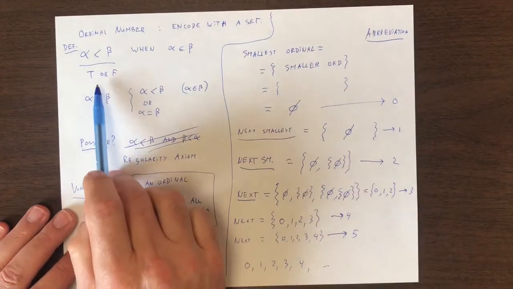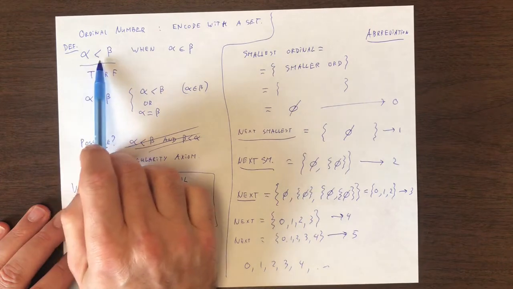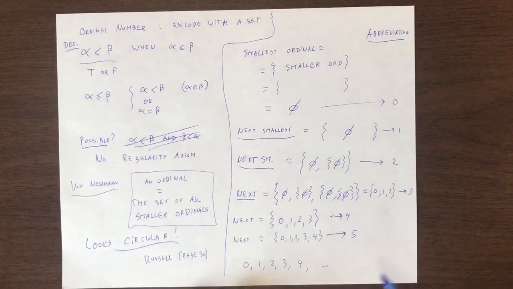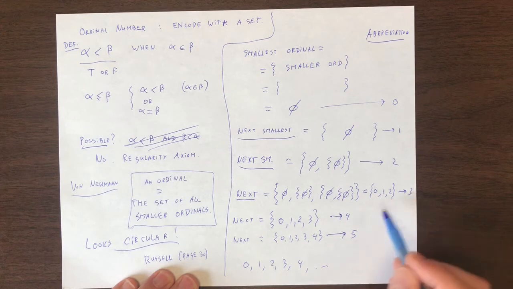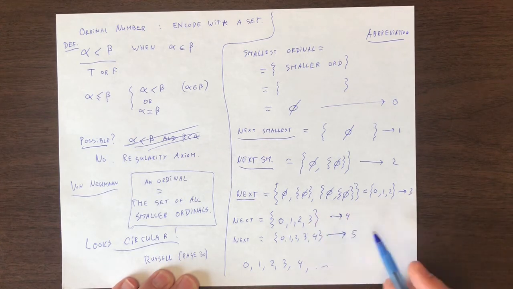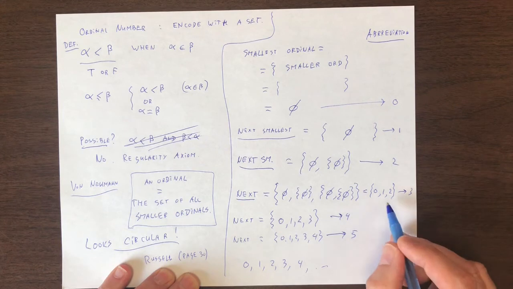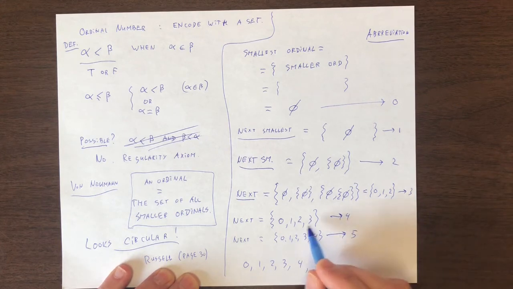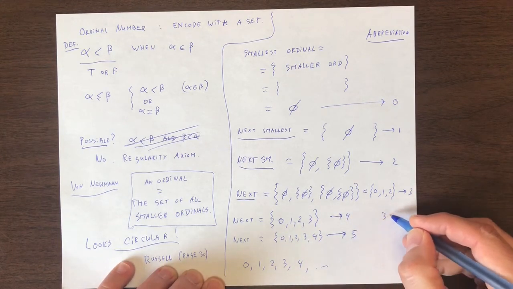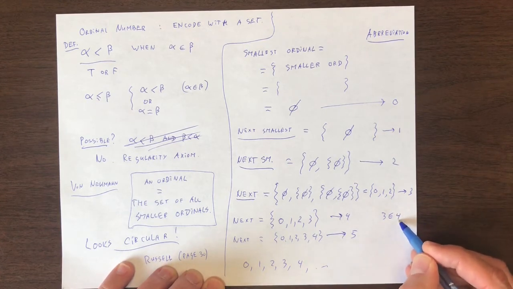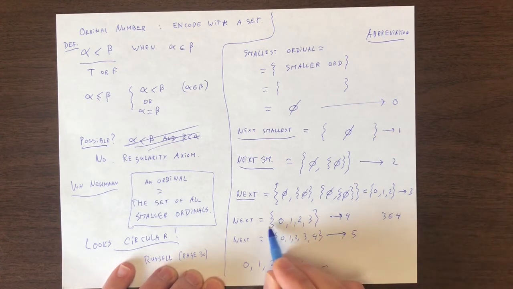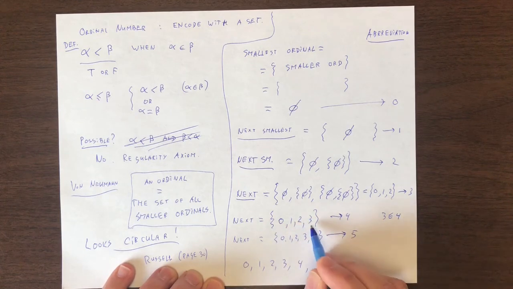Now, what about this ordering? Is that all ordering? Yeah, because, for example, 3 is indeed an element of 4. Okay, so if I abbreviate 4 as this here, what we get is 3 is indeed an element of 4, because my ordinal 4 is really just this set, and my ordinal 3 is in there, so 3 is an element of 4.